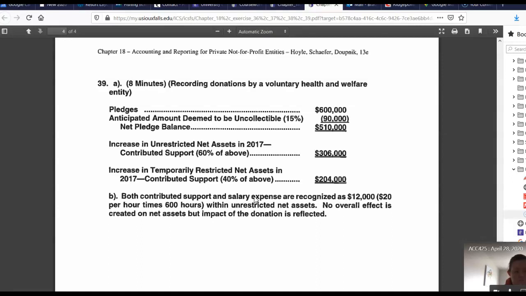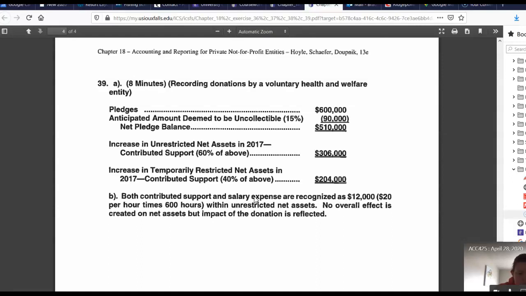Well, that's great, but the 40% that we're not going to get until 18, we have to put into temporary restricted. So time needs to happen before we can move that over into unrestricted. And we will do that. When we get into 18 and we collect it, we're going to move it out of temporary into unrestricted. Just move it from one bucket to the next.